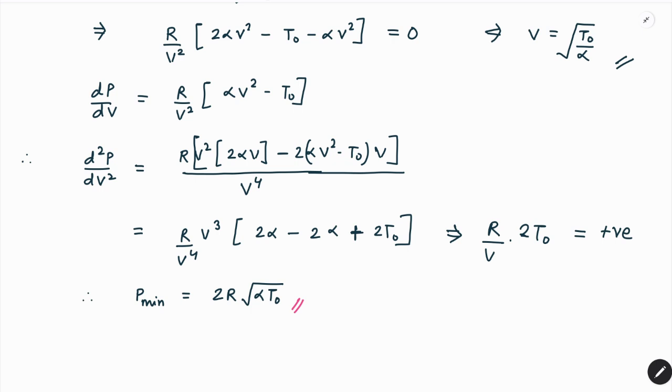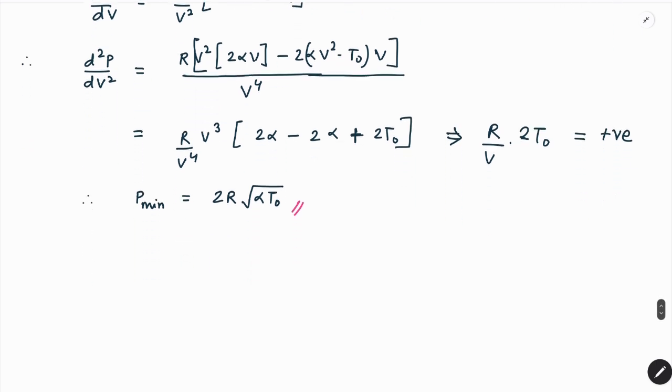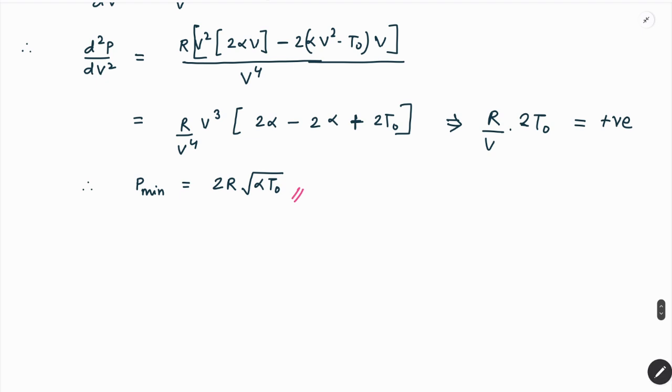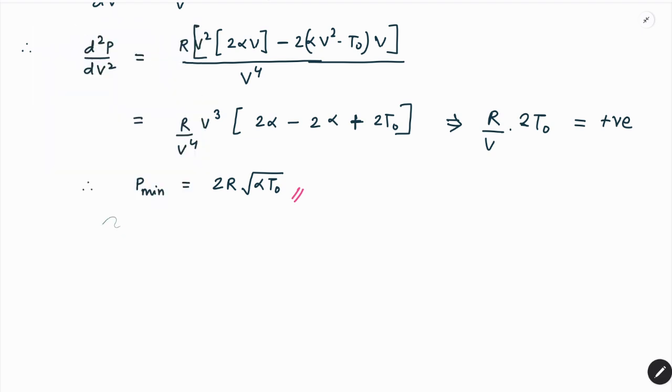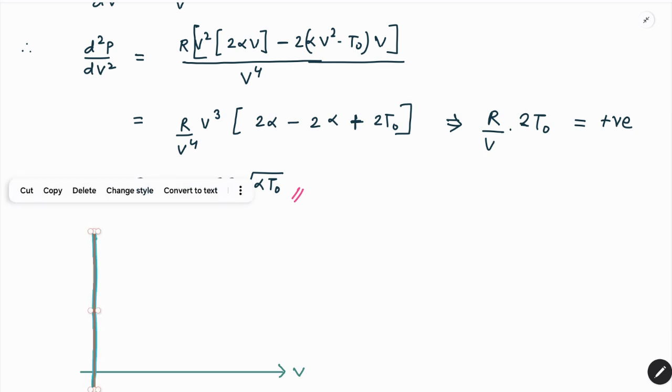Now in the question it is also asked to plot the graph of P versus V. So if we plot the equation of P versus V, we have P on the y axis and V on the x axis. The PV curve is going to take this form.